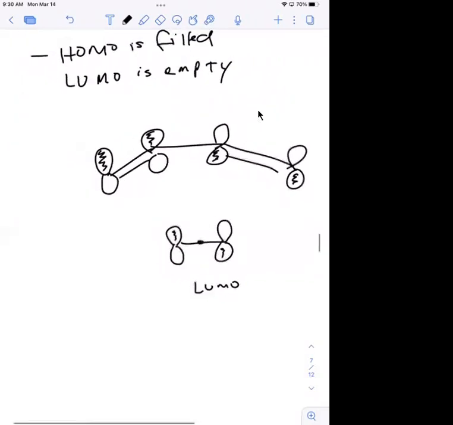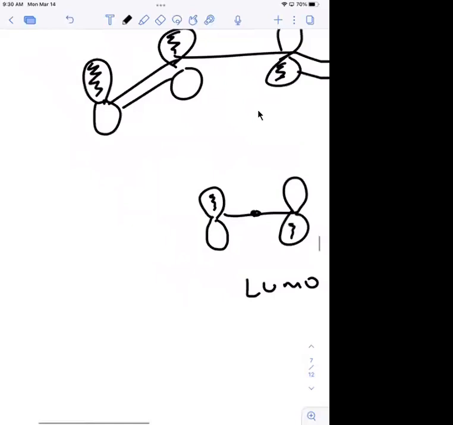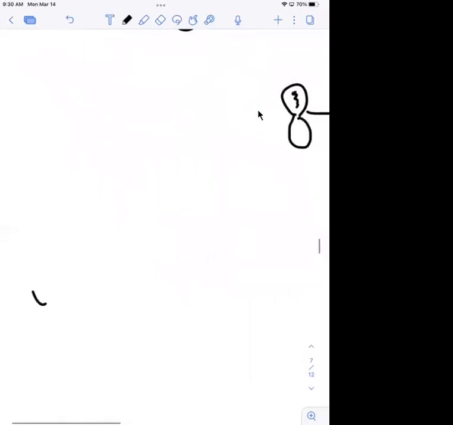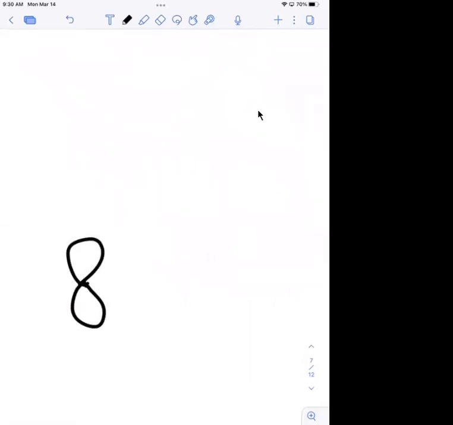When you're overlapping orbitals, remember the orbital itself is an equation, right? We talked about that on the Friday before we left for spring break. The p orbital itself is an equation of the path of the electron around the nucleus of a given atom, and there's a node between the two lobes, so one of them is shaded and the other one is unshaded.